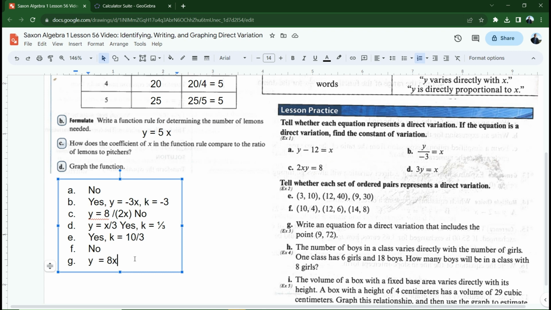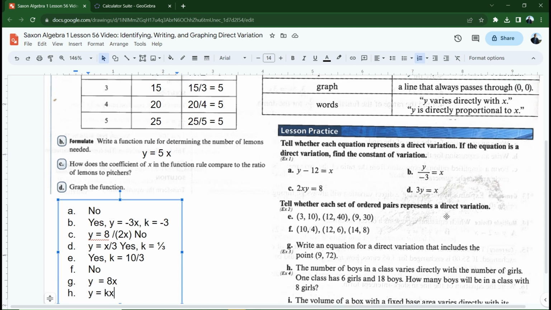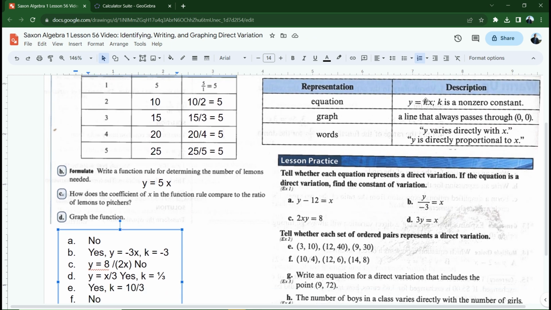Letter H. The number of boys in a class varies directly with the number of girls. One class has 6 girls and 18 boys. Well, let's see if we can figure this out. Y equals kx. Y varies directly with x.